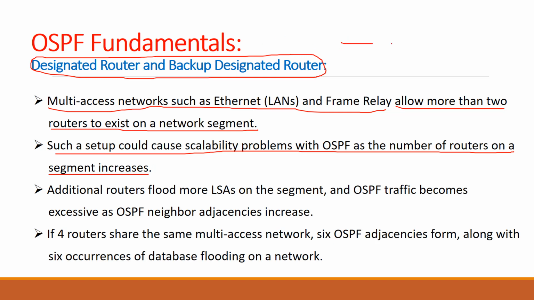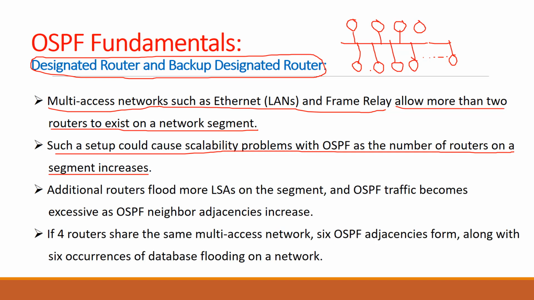Let's assume that this is an Ethernet link and there are OSPF routers sharing or connecting to the same segment. We have here 8 routers, and we can have n routers or a lot of routers.